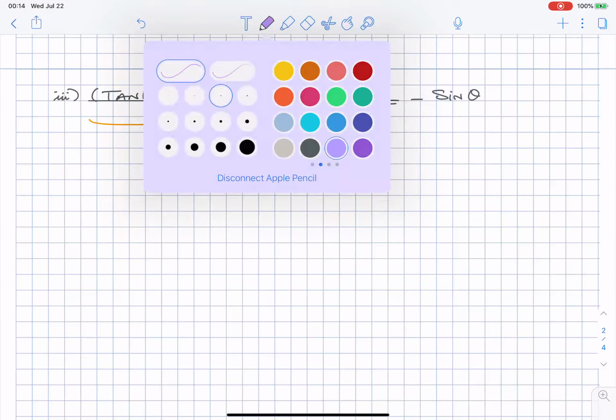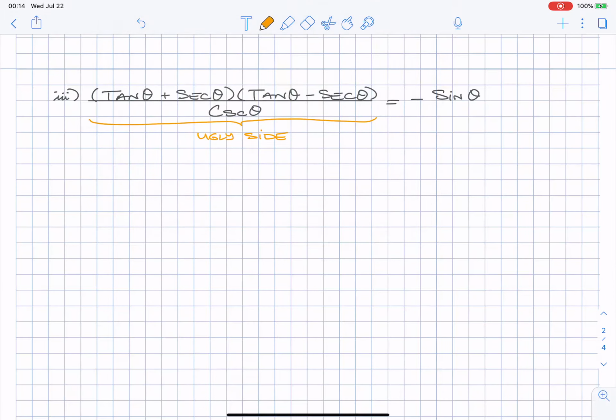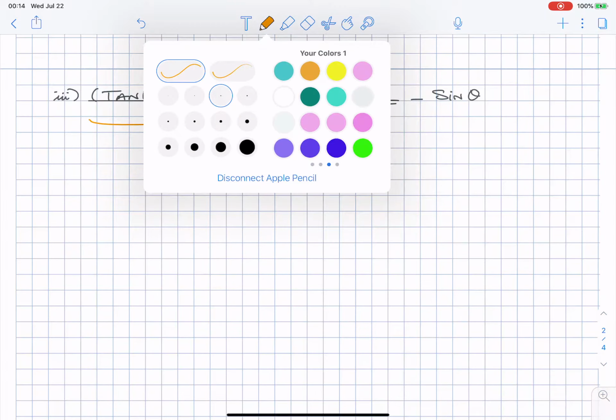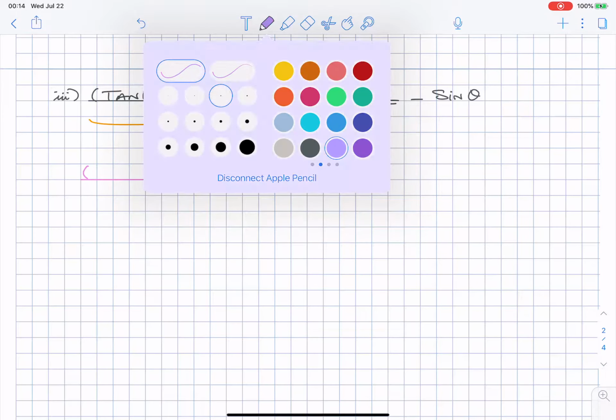Okay, so let's go ahead and rewrite this. How shall I do this? What color should I use? Okay, I'm going to use pink, and I'll have a plus and a minus. For tangent, let's use purple.